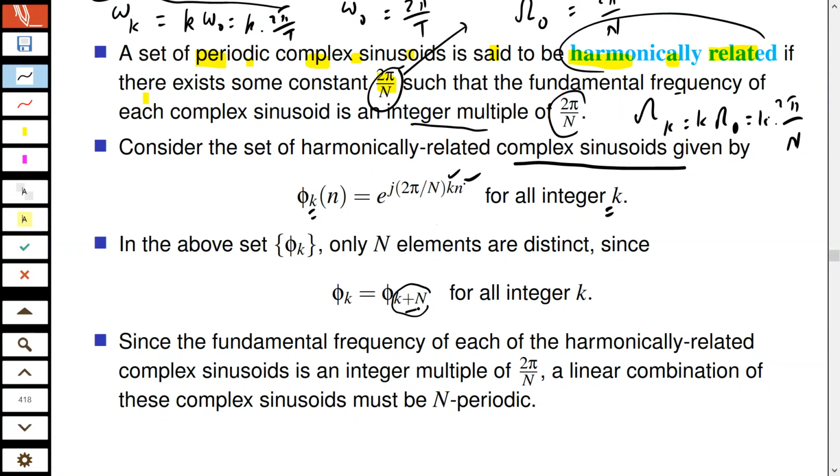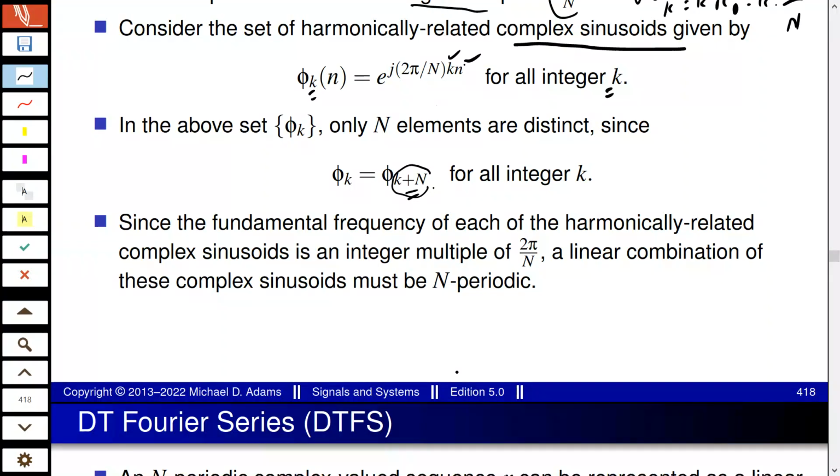After some value of n, they just get repeated. We saw this example last time, where because of this discrete time, you can't have more than a few frequencies, and then things start repeating. So there will only be a maximum of N distinct sinusoids.